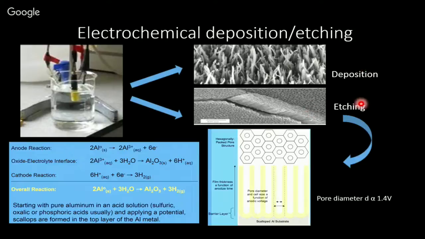And in the case of etching, you can have the opposite effect. You can etch nanotubes. So nanowires versus nanotubes. And you can create very nice materials, very nice morphologies. They're shown here. These are nice nanowires, and these are very pretty, uniformly distributed nanotubes.